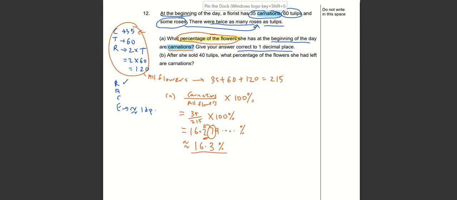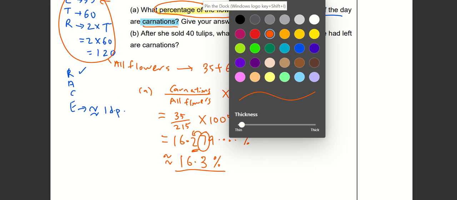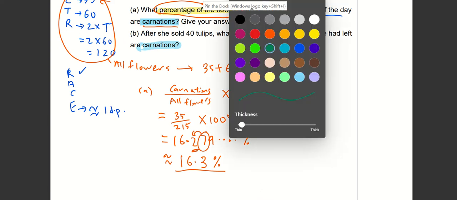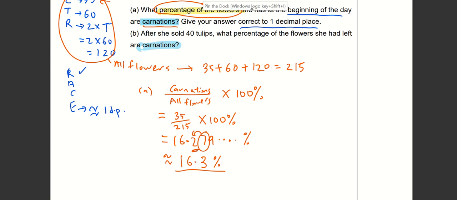Okay, next question. Let's look at the next part here. Still focusing on carnations, but this time around, there's some selling going on. So 40 tulips are sold. What percentage of the flowers she had left are carnations? Then here's the important point.